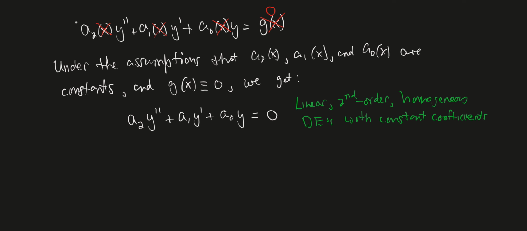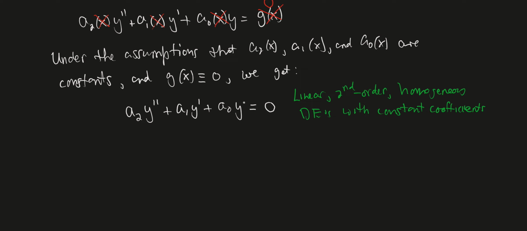Okay, so the question is, how could we go about solving something like this? Like, where do we start? You have a function that's unknown. And since you don't know what the original function is, then you don't know what the first derivative is, and you don't know what the second derivative is. But if you look closely at what this is saying, I have some function that when I multiply it by a constant, and I multiply its derivative by another constant, and then its second derivative by another constant, and when I add those three things together, I have to get 0.